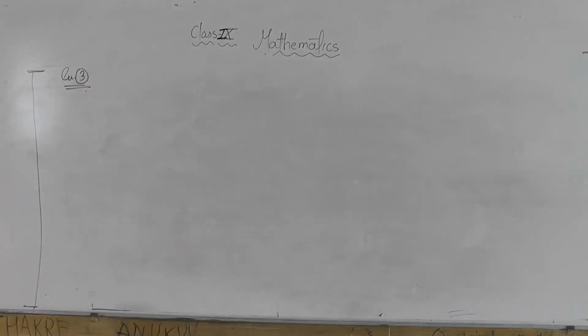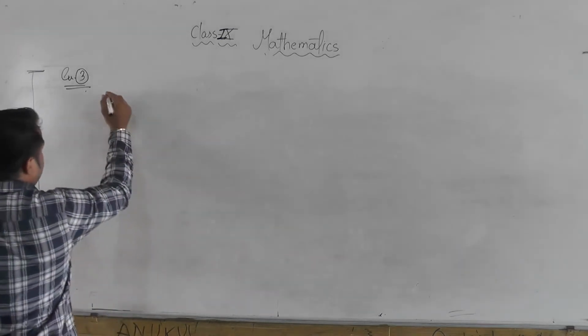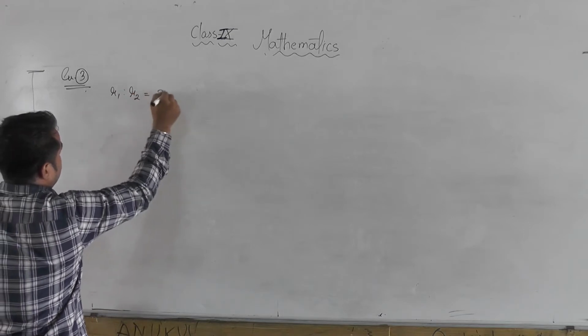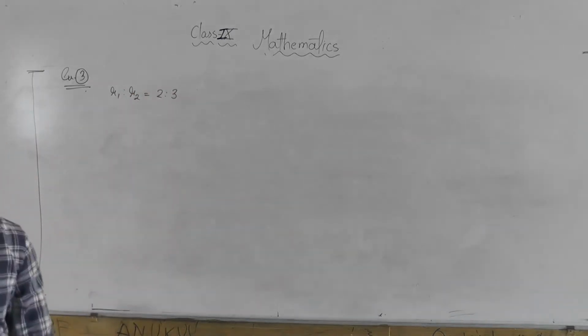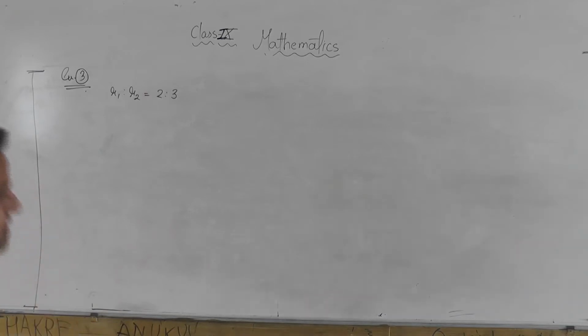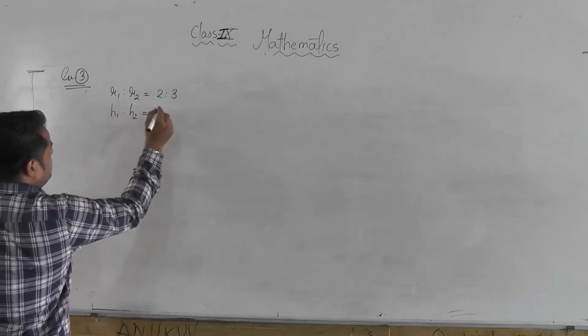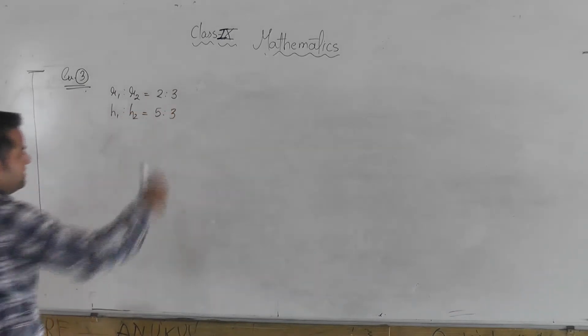It is saying the radii of the two cylinders are in ratio 2:3. There are two cylinders, their radii R1 and R2. The ratio is given 2:3, and the heights of those cylinders, H1 and H2, are in ratio 5:3.